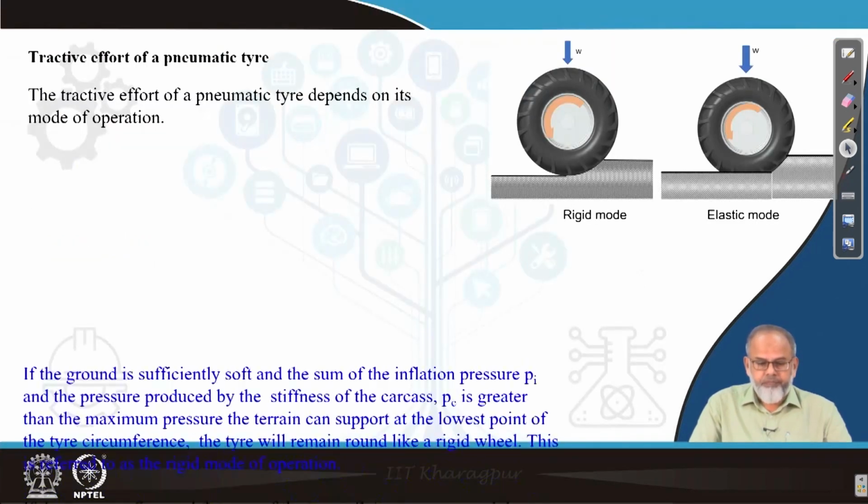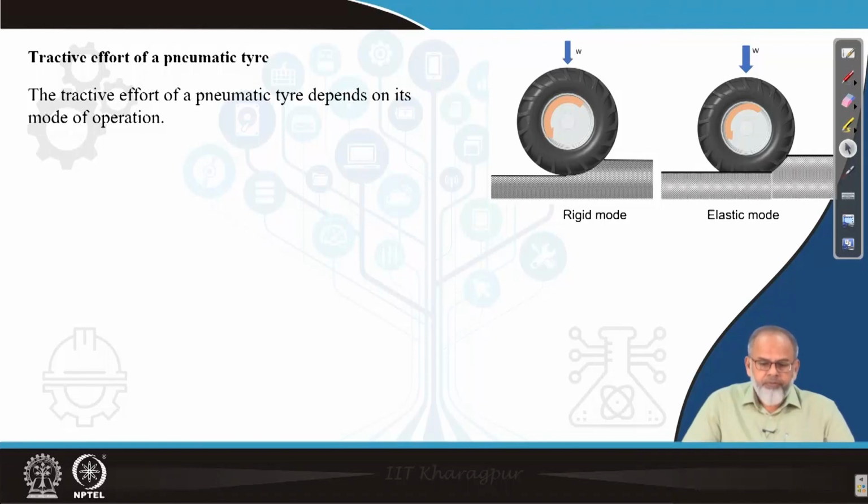Now, if you look at these two wheels, both are pneumatic wheels, but one is written as rigid mode, the other one as elastic mode.